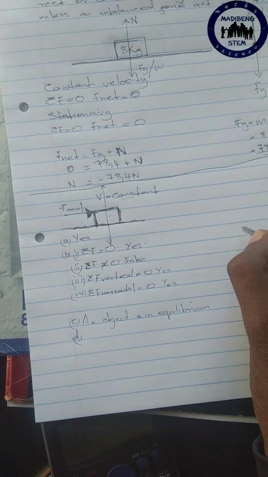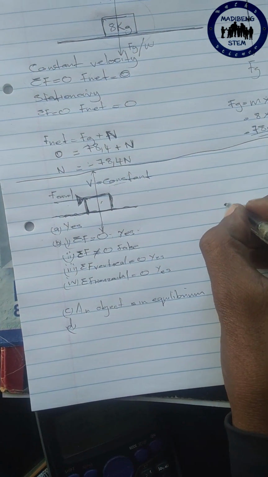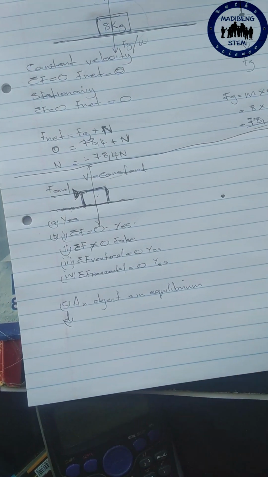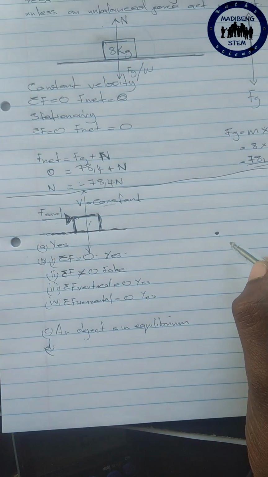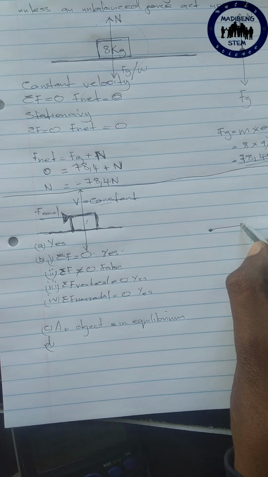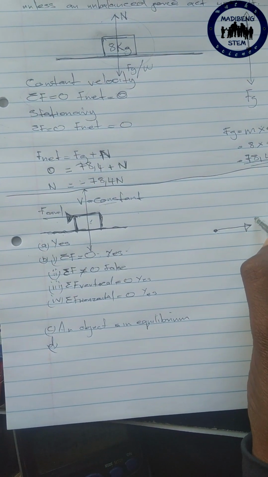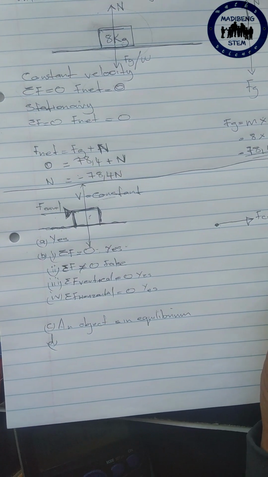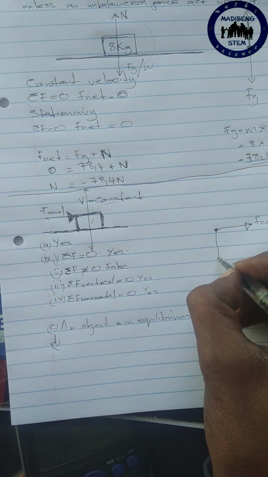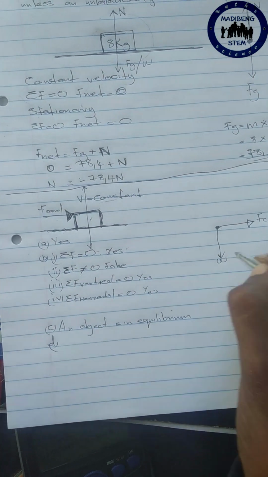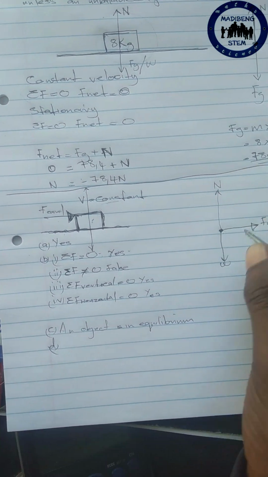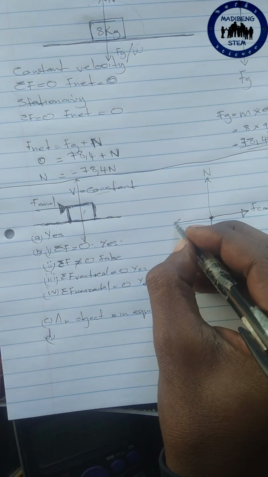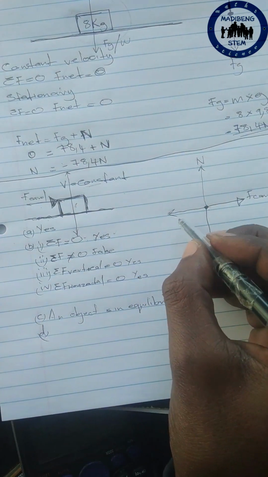Okay, let us draw a force diagram. This is the body, the box, and Carol's force is this one, F Carol, and we have weight, we have normal force, we also have frictional force.